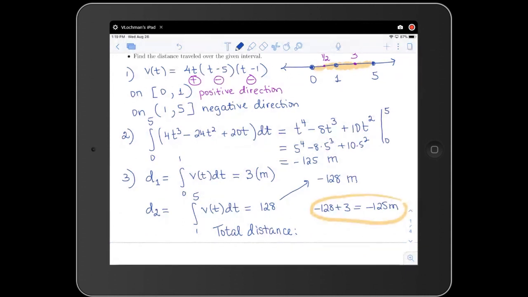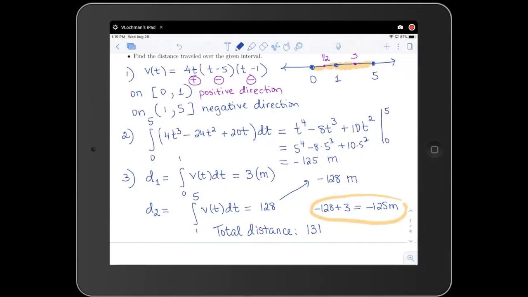The actual number, 131, Christopher says. Yes, good. The total distance traveled is 131. Very nice. Displacement is different. For total distance, we look at the sum of those two integrals, 128 and 3.